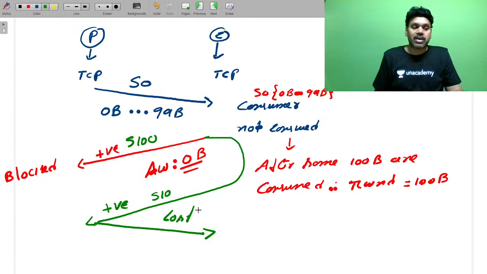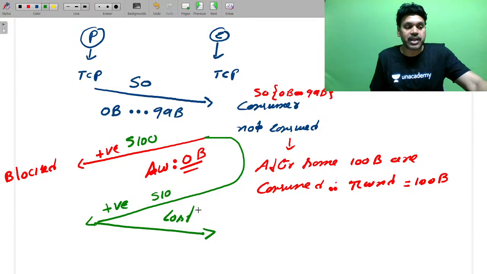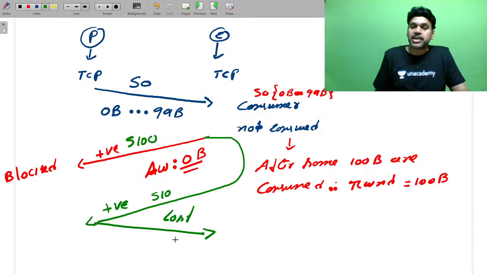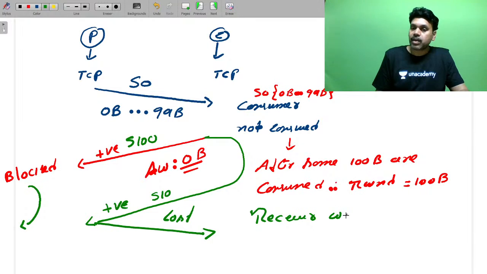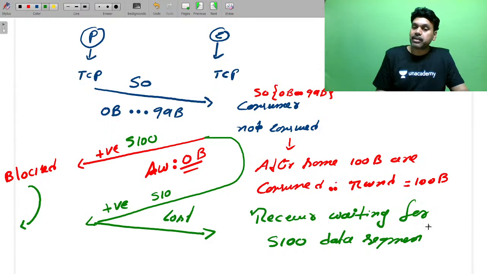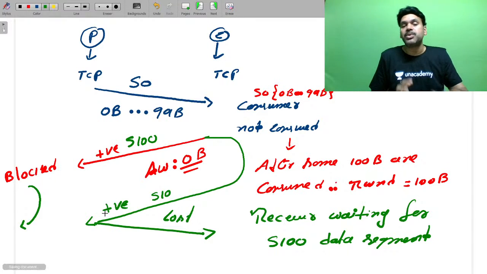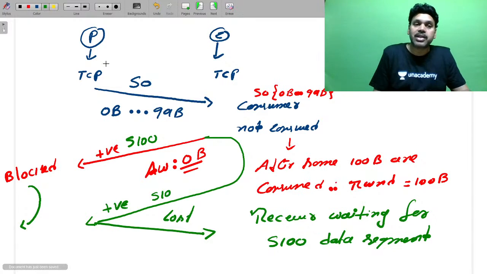When this segment is lost, then what will happen? Please understand carefully. When this segment is lost, the sender is going to be under blocking, and the receiver is waiting for S100 data segment. So it is impossible. Why impossible? You have given the acknowledgement, you thought that it has gone, but it's not gone, it's lost.